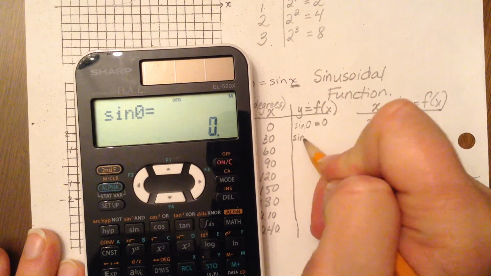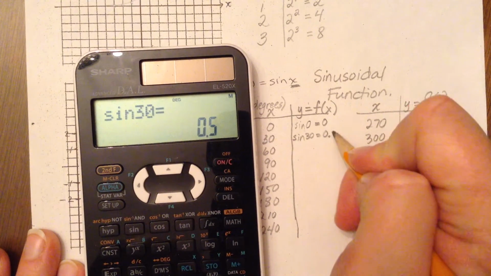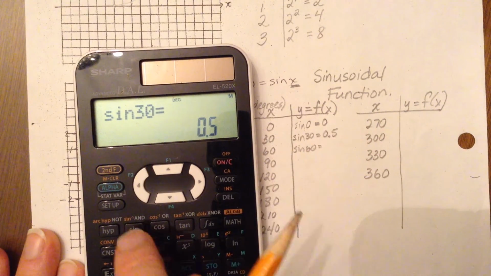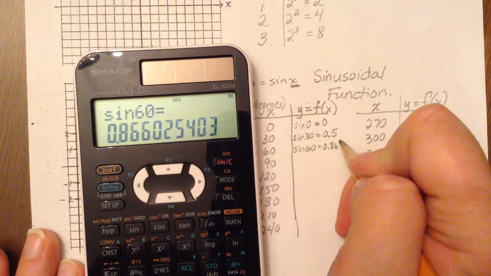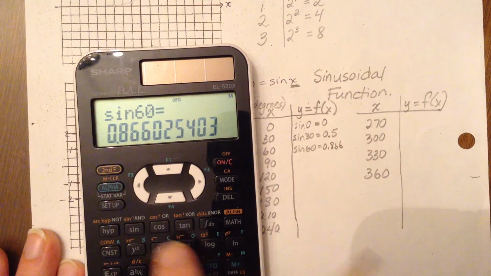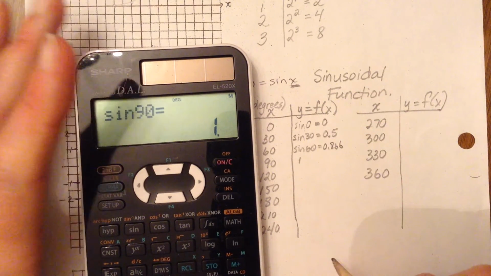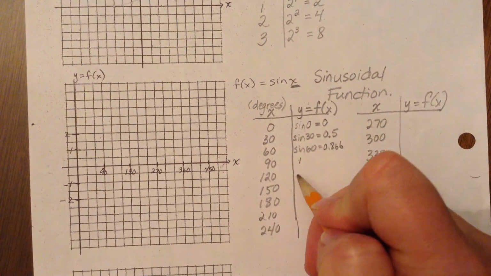Sine of 30, let's see what it tells us here. 0.5. Sine of 60, 0.866, and sine of 90 is 1. Now, you continue on your calculator if you need to, or just continue the pattern if you know it.